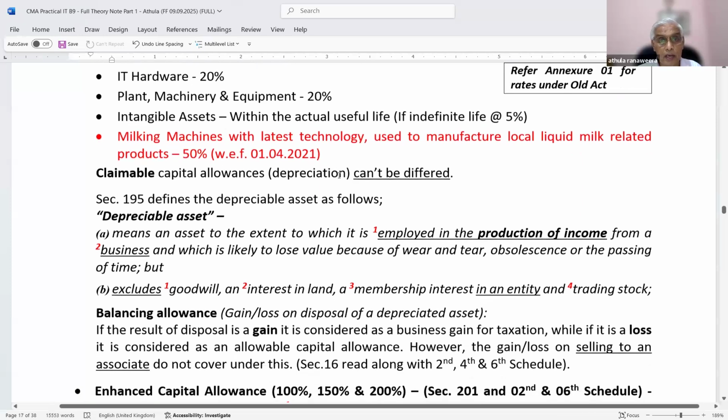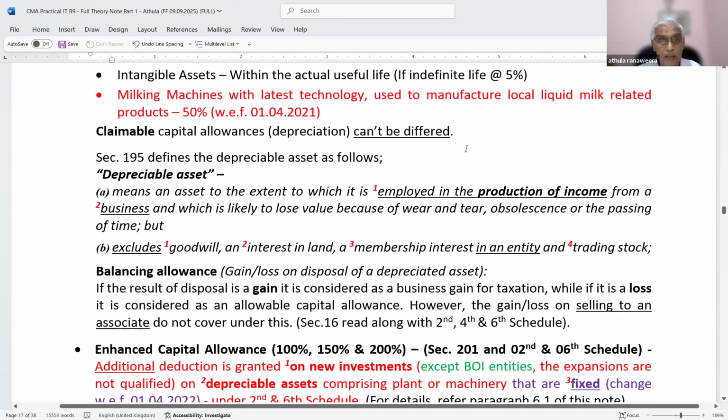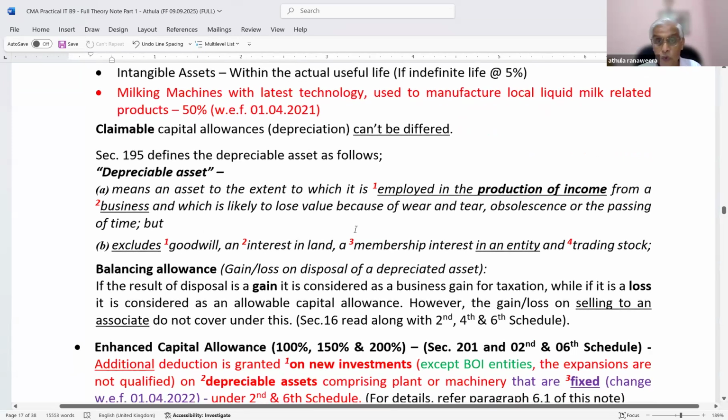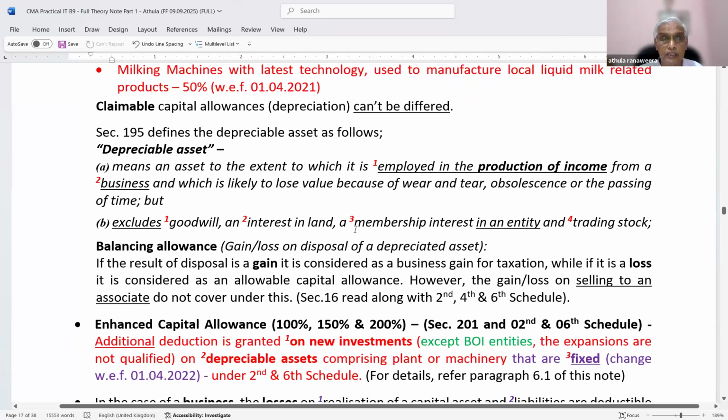Then claimable capital allowances cannot be deferred. If it is a depreciable asset, and if you have fulfilled all 5 conditions, there's no option, you have to claim the capital allowances.